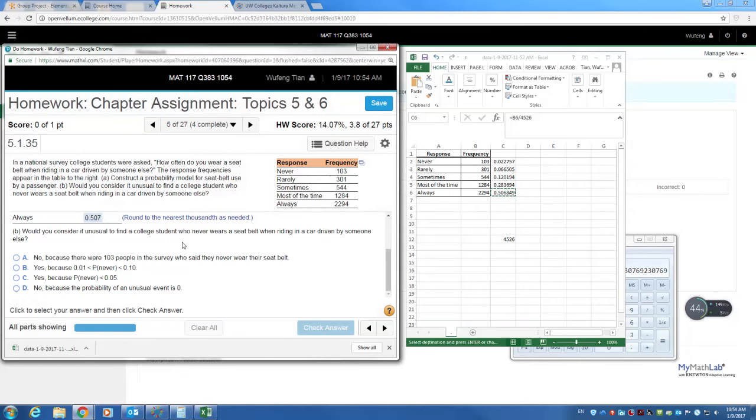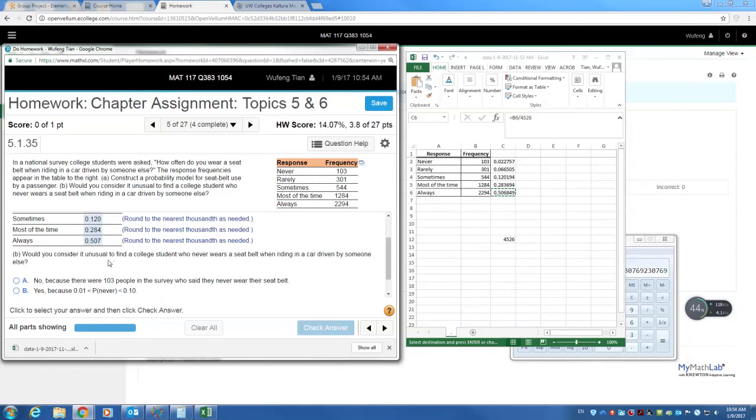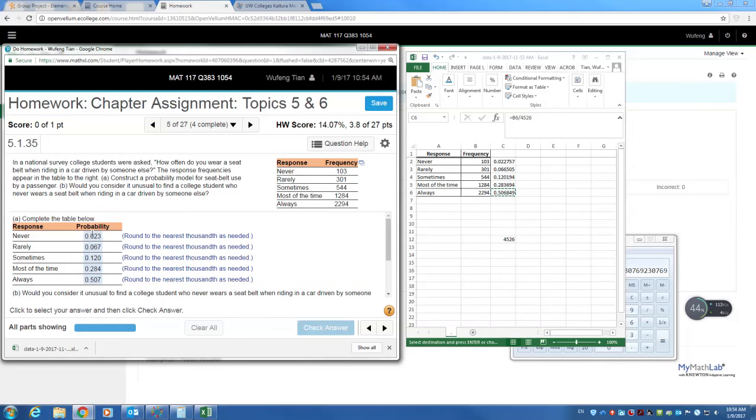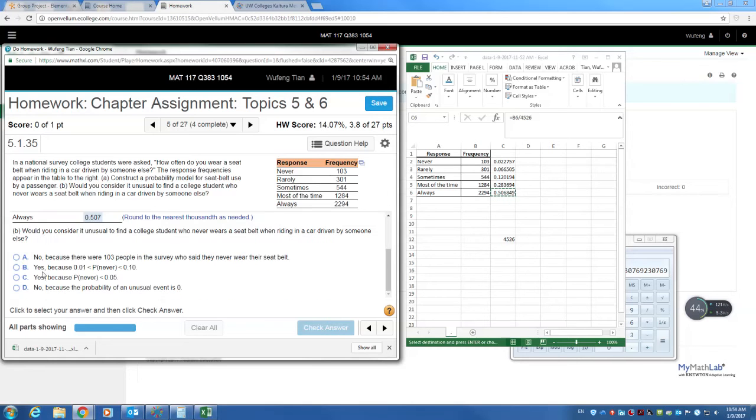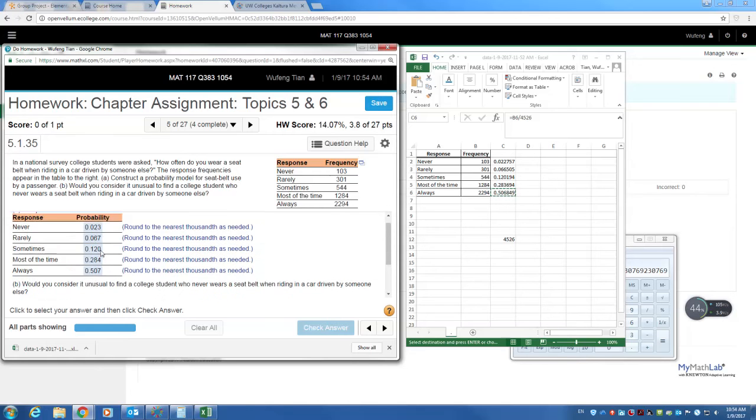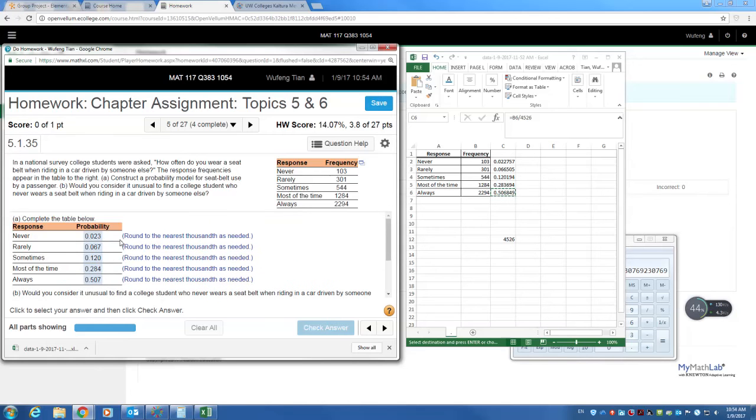Okay. And would you consider it unusual to find a college student who never wears a seat belt when riding in a car driven by someone else? So unusual to never wear a seat belt. So never, it's 0.023. It is unusual, yes, because most of the students wear the safety belt.